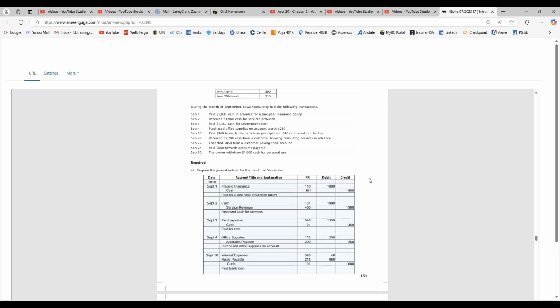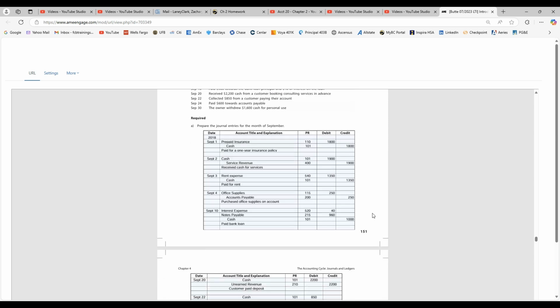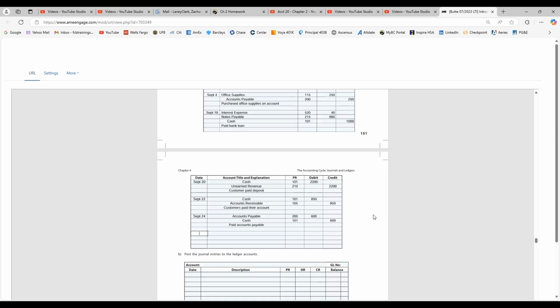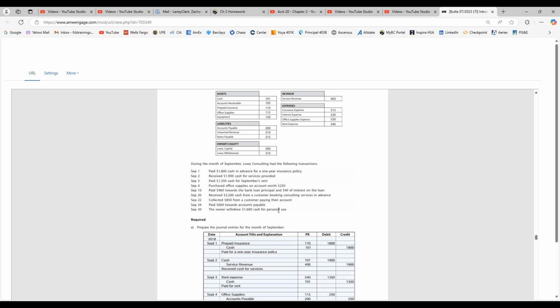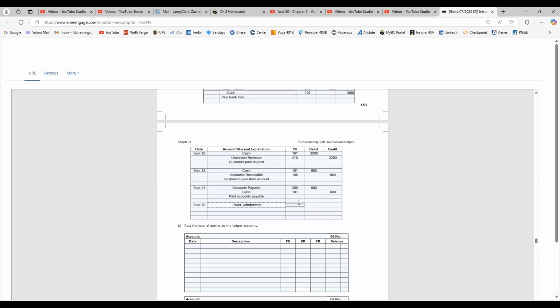And our final transaction here, the owner withdrew $1,600 cash for personal use on September 30th. And so the withdrawals account is titled Lowe's Withdrawals, and it's account number 310. And that was $1,600 withdrawn.